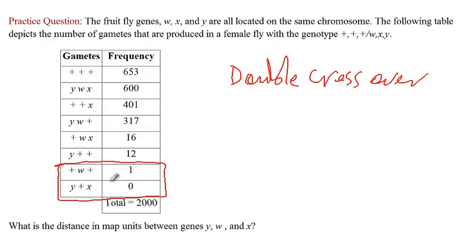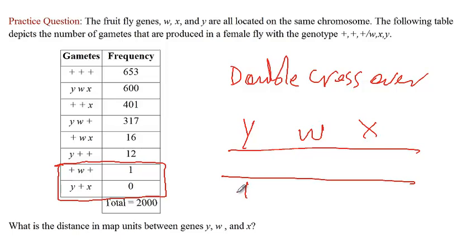So therefore, given that these two are the result of the double crossover, the gene W must be located right in between. So here we have the YWX genotype in the parents, and then another chromosome has +++. Now what happens if you have a double crossover?